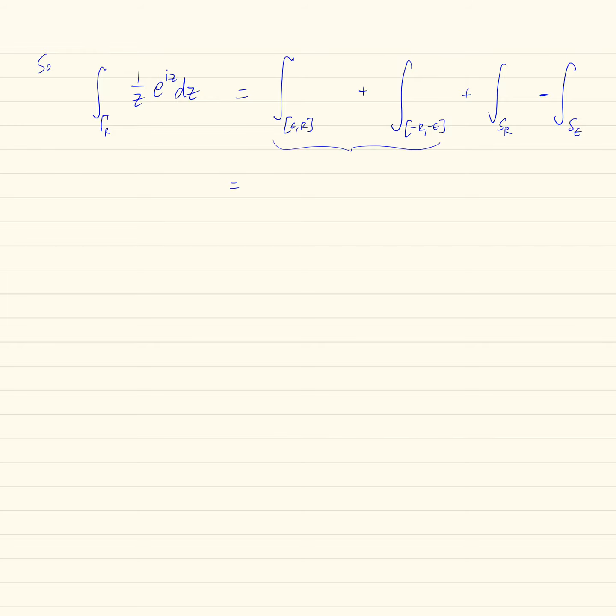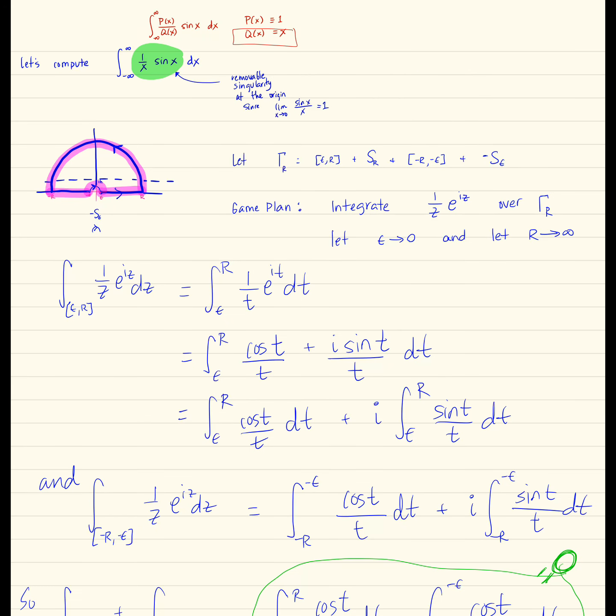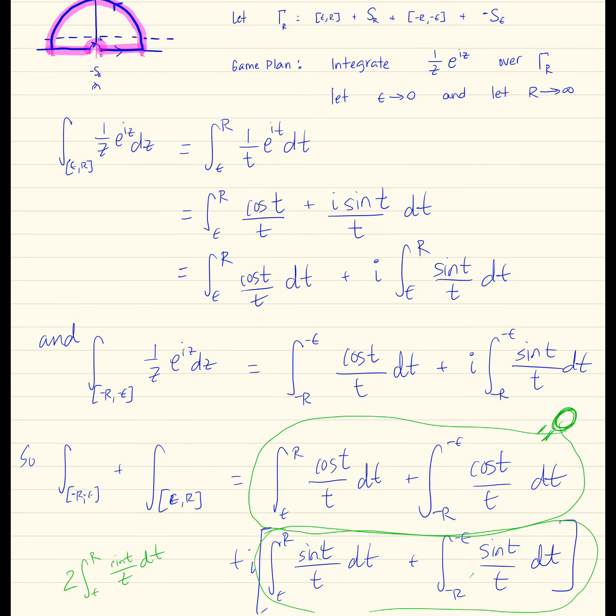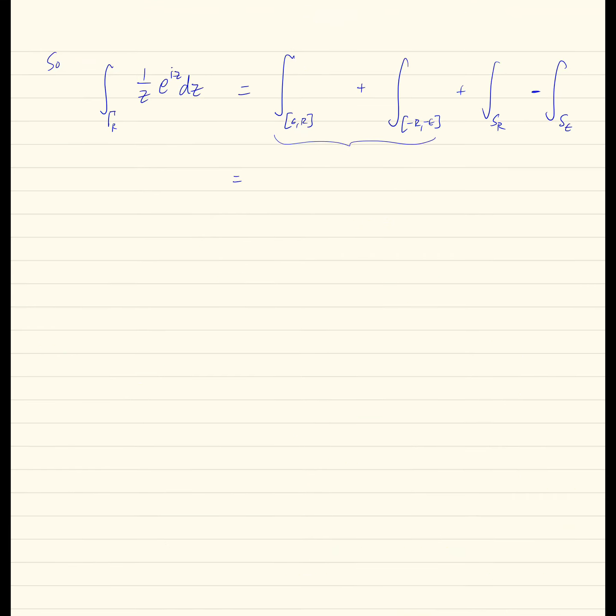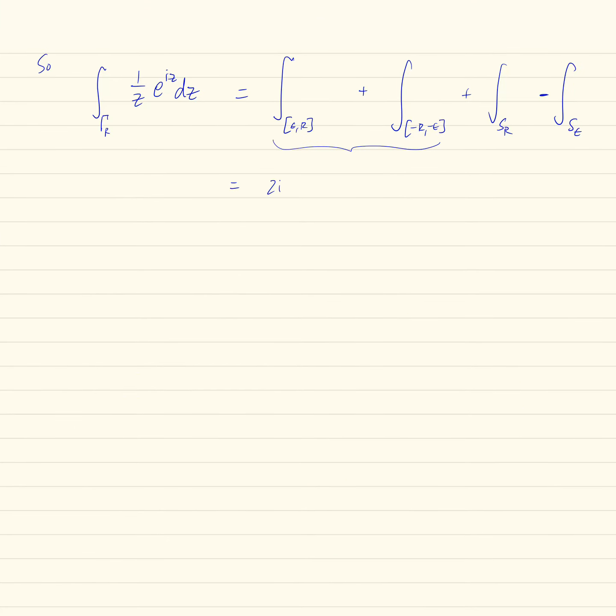These are equal to 2i times the integral from epsilon to r of sine t over t dt, and then plus the integral of e to the iz over z dz over s r, and then minus the integral of e to the iz over z dz over s epsilon.